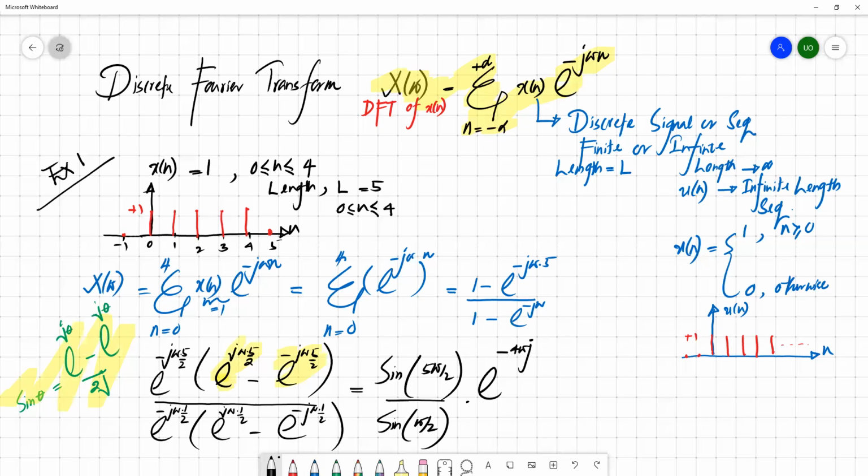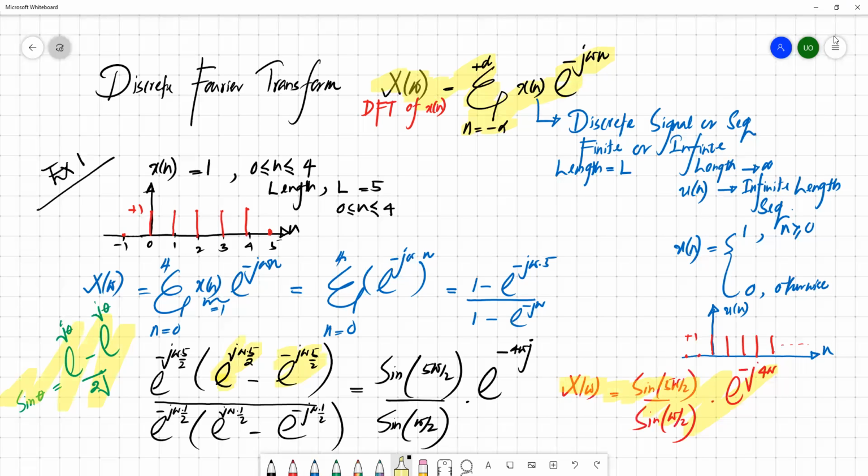So ultimately X of e to the j omega equals sine 5 omega over 2 divided by sine omega over 2, into e to the power minus j 4 omega. So this is the final formula, the Fourier transform of this discrete sequence x[n].